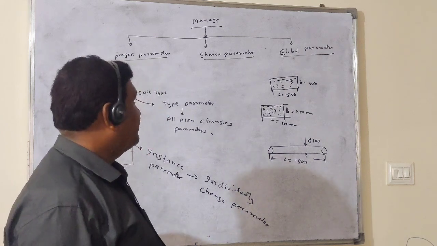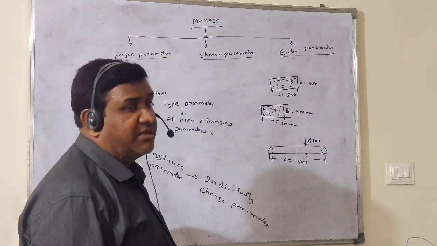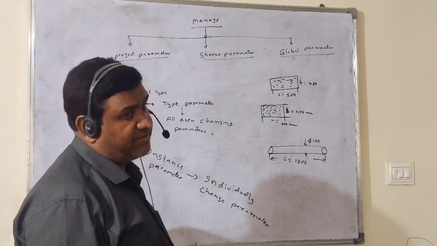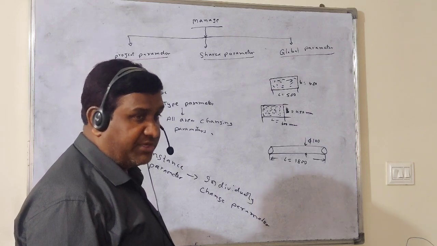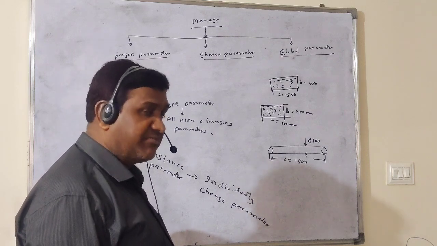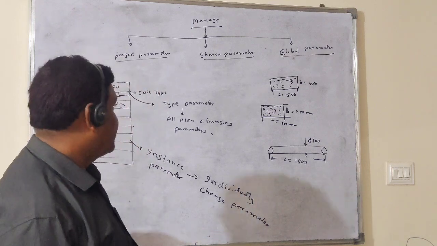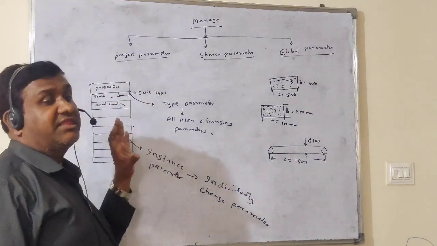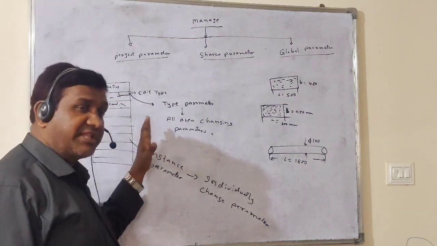So there are three types of parameters, but within those there are also subtypes: instance parameters and type parameters, because the information is kept either directly in the properties toolbar or in the edit type toolbar. That is how these parameters affect the project. So you may get some idea of what is instance and what is type.